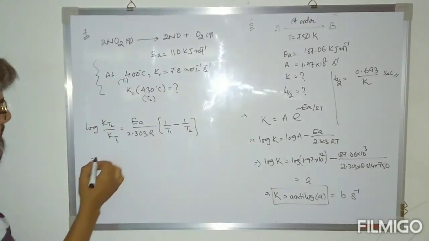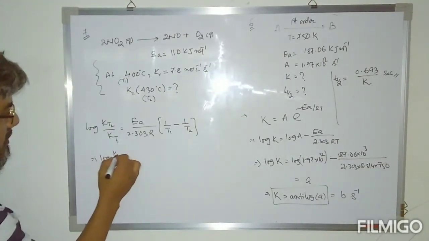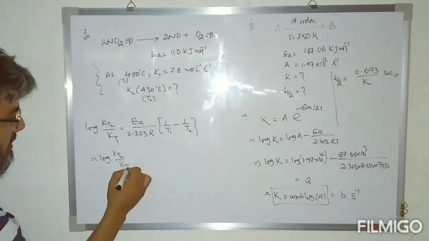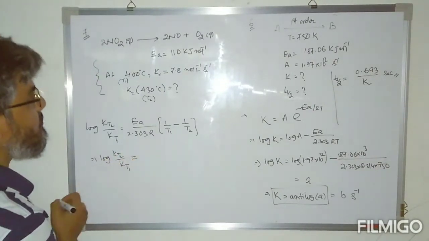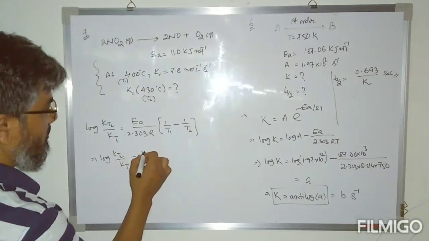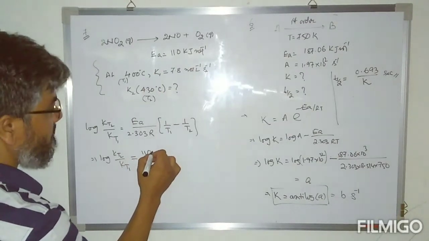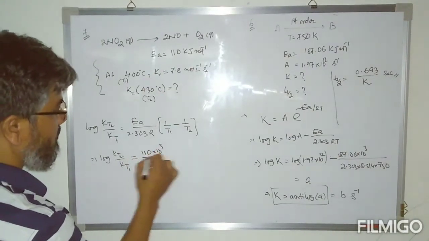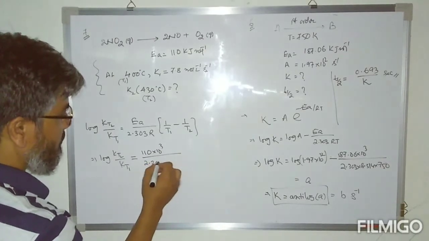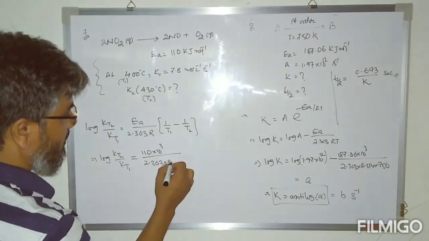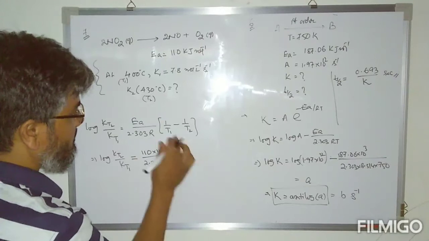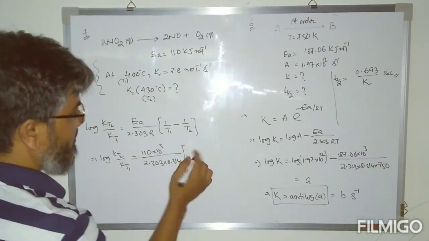Therefore, log K_T2 by K_T1 is equal to Ea, which is given here as 110 into 10 to the power 3, divided by 2.303 into 8.314, into (T2 minus T1) by T1 T2.